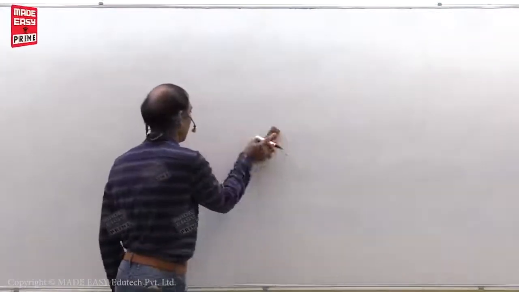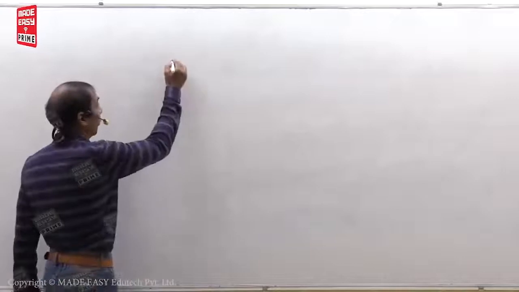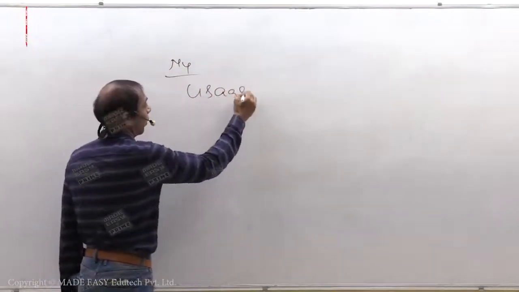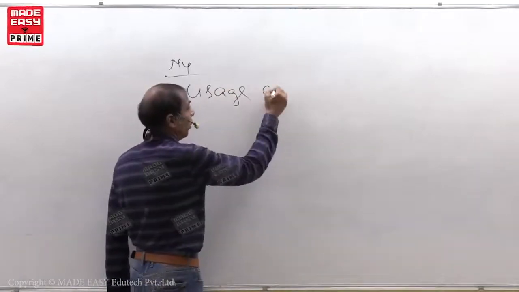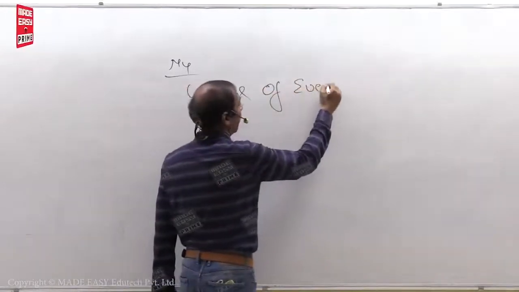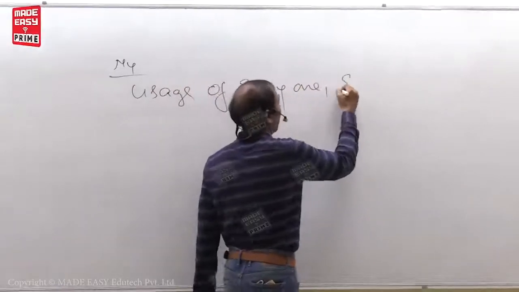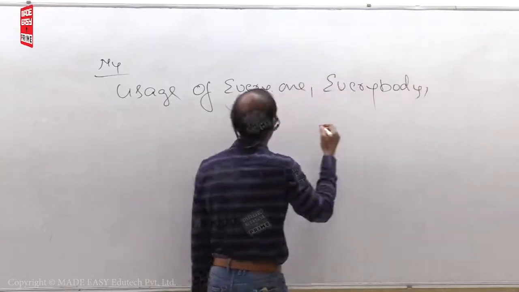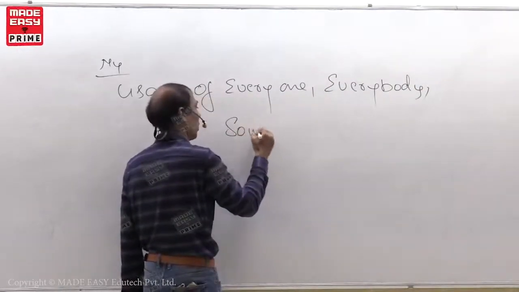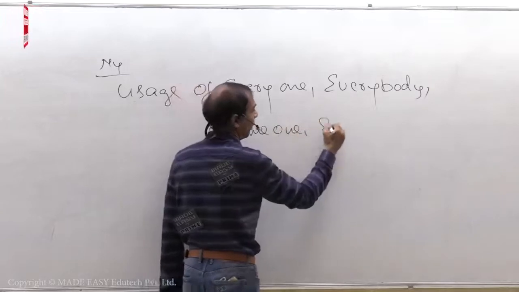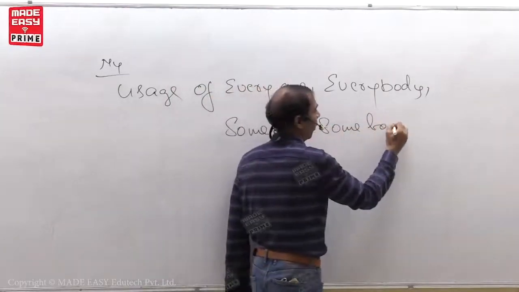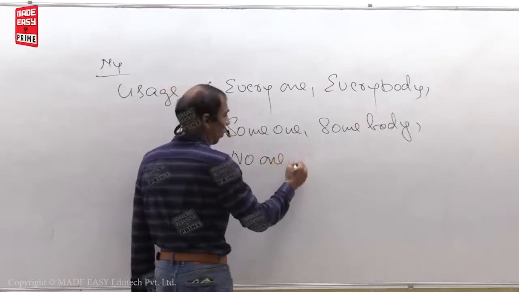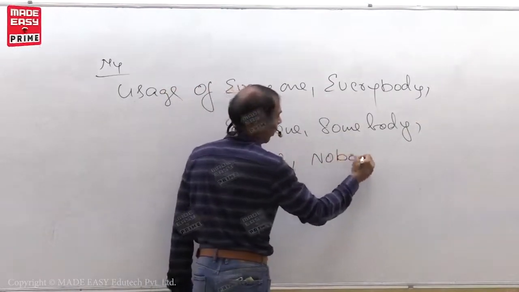Okay? My students, model number 4. See, these 6 are very dangerous. Usage of everyone, everybody, someone, somebody, no one, nobody.